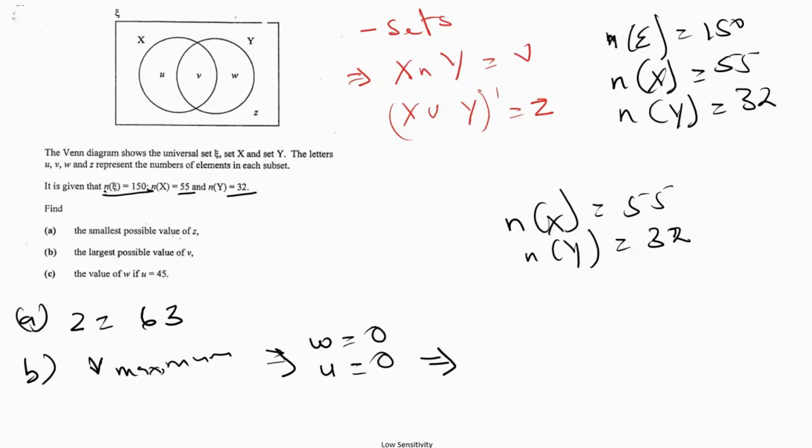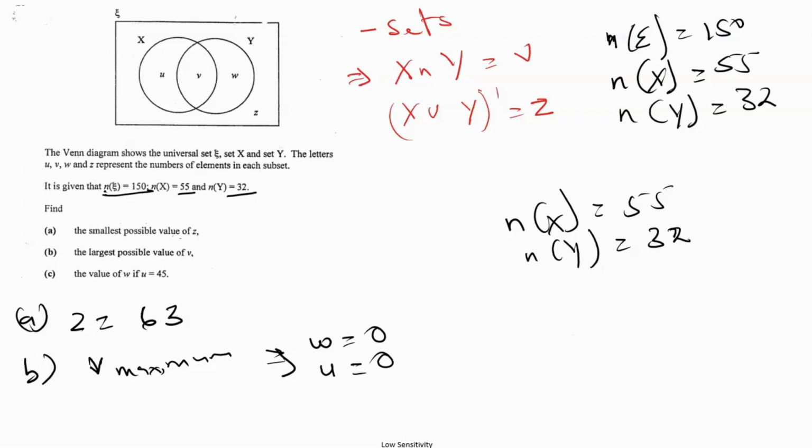So if U equals 0, that means V is equal to 55. But if V is equal to 55, that means the value of Y is greater than 32. So that solution is not going to work, right? So we know that that route is not going to work because we have that condition.